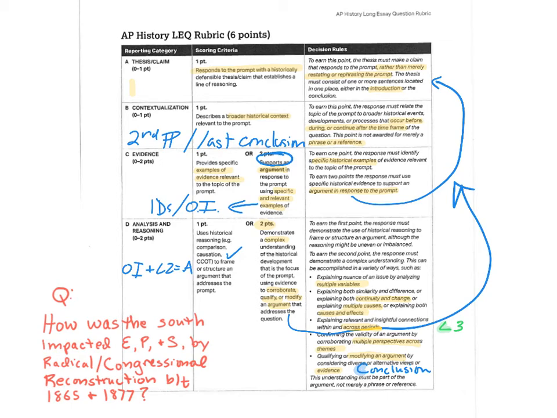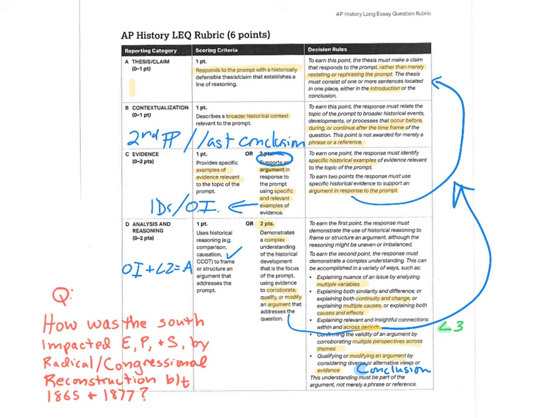That would set the stage. If you were going to do a conclusion, then maybe you would go post 1877, the role of Jim Crow, maybe how some of these policies were undone by literacy tests, poll taxes, grandfather clauses, the Redeemers, any sort of examples post. That would be your last paragraph.